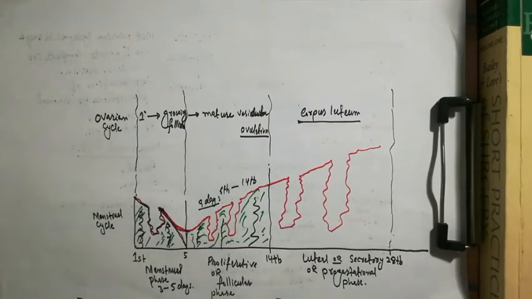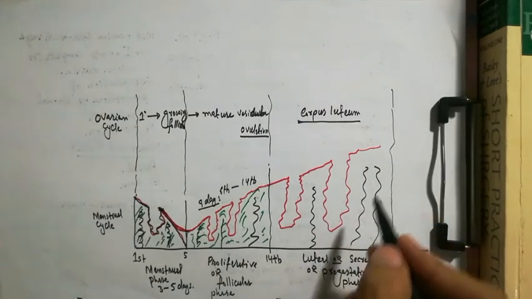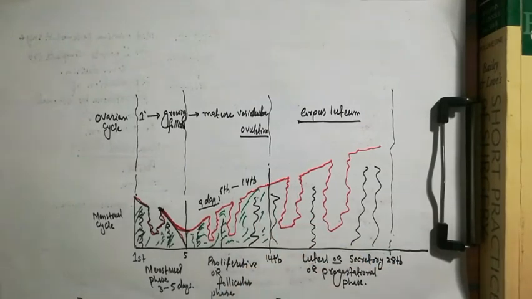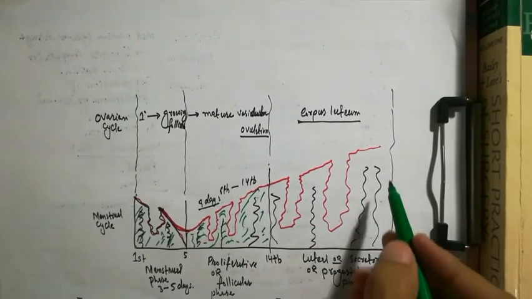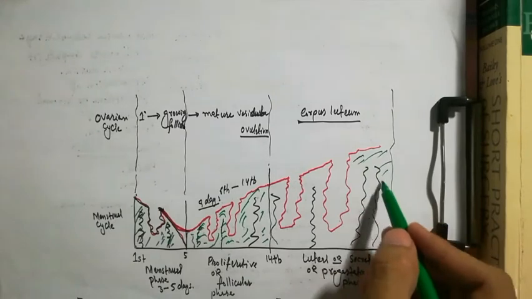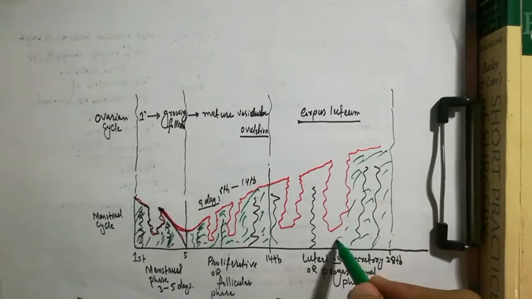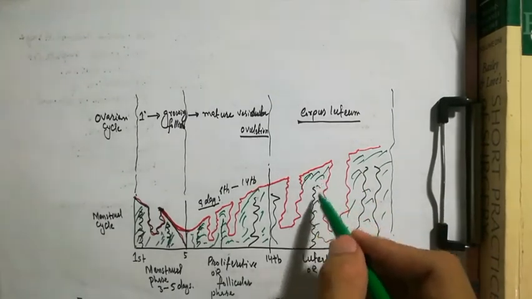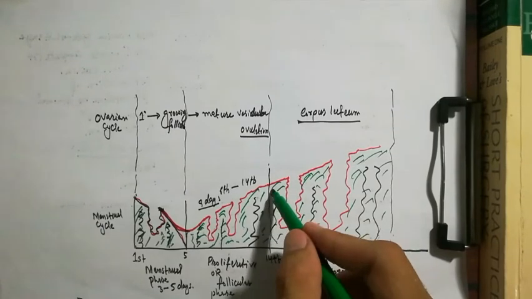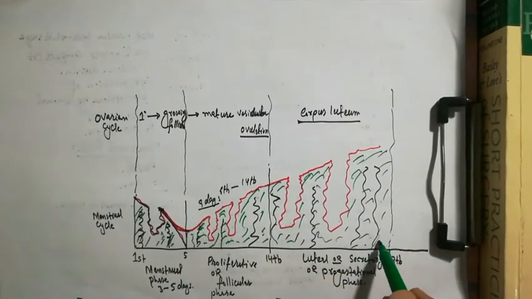These are spiral arteries, and this is connective tissue.